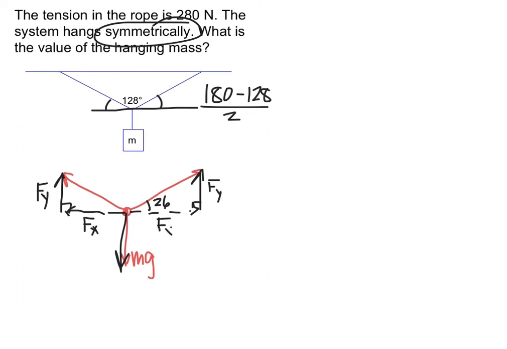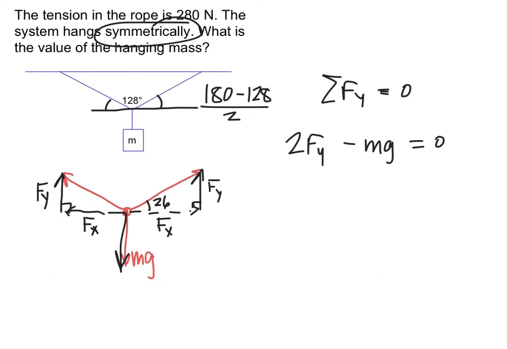Although that's true, that's not necessary in this problem. So we'll just focus on the fact that the forces in the y direction must balance out to 0. So we have 2 upward forces, f sub y, minus the downward force of weight equaling 0, or the 2 ups have to equal the down.